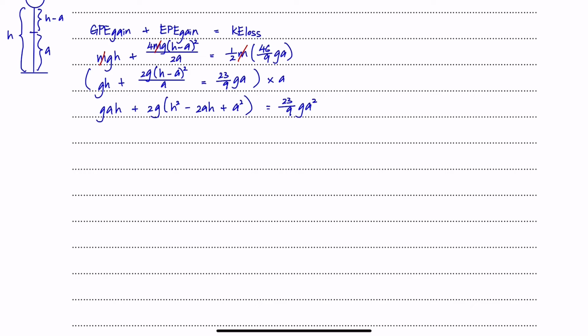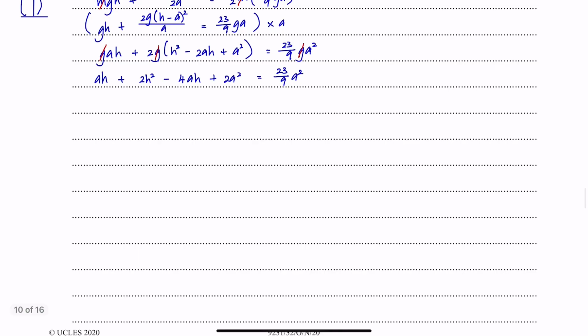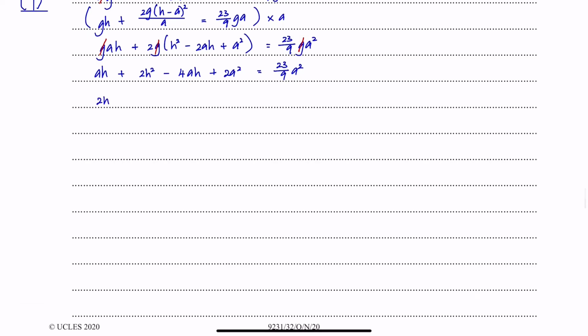So now we can cancel out the g's. We get ah plus 2h squared minus 4ah plus 2a squared is equal to 23 over 9 a squared. Rearrange it, and we would get 2h squared minus 3ah minus 5 over 9 a squared equal to 0.